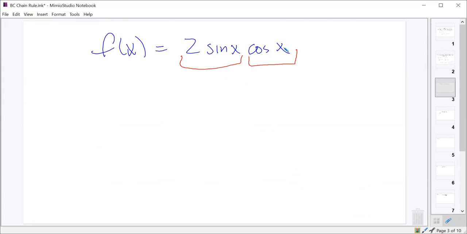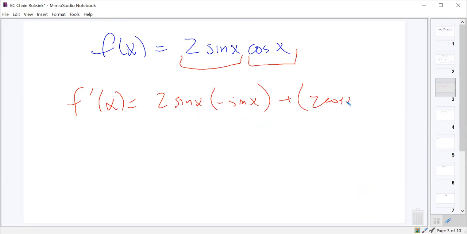And then I would have said that the derivative ought to be 2 sine x times the derivative of cosine, which is negative sine, plus the derivative of 2 sine x, which would be 2 cosine x, times cosine x. And what would that give us? It'd give us 2 cosine squared x minus 2 sine squared x.